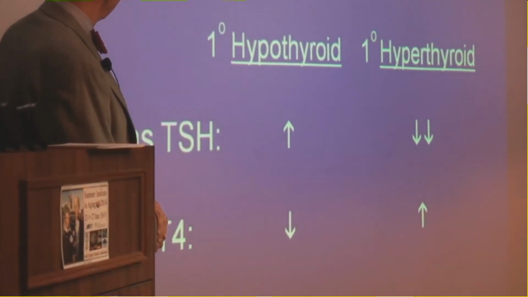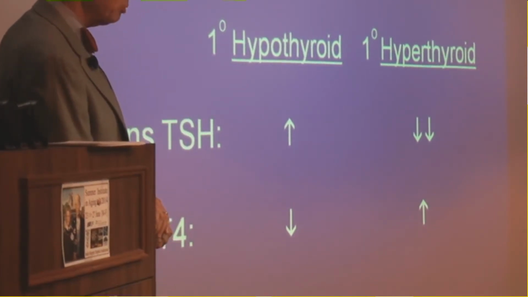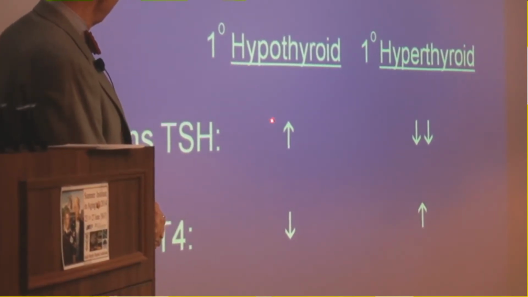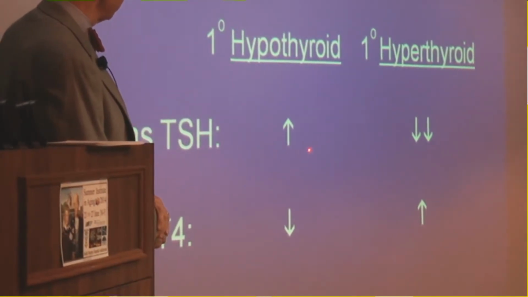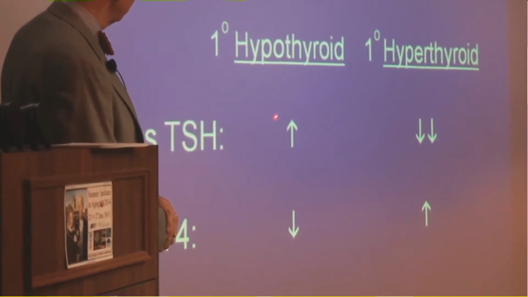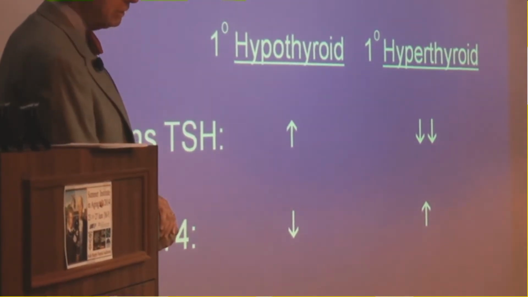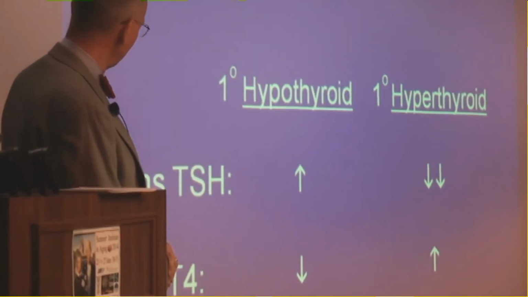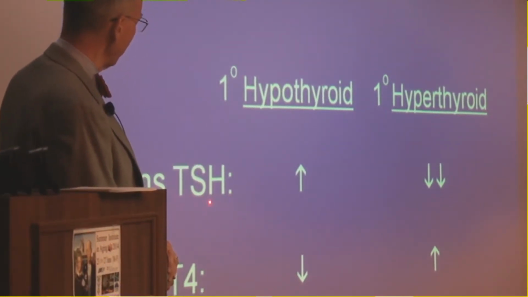This can be a little tricky when you try to figure out what's going on. But if your TSH, your thyroid stimulating hormone, is high, you're low. That's confusing, but it means your body's trying to stimulate your thyroid.